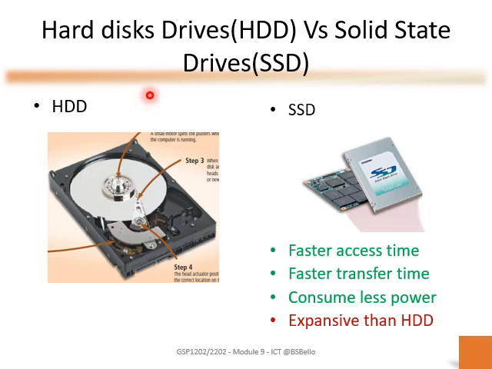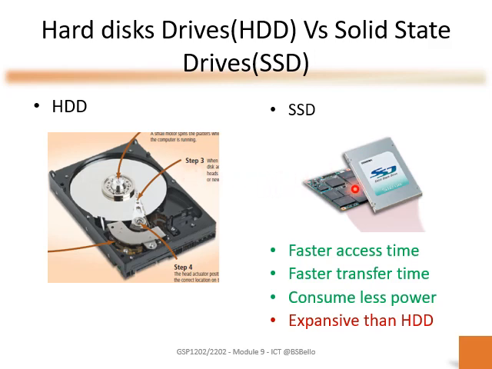Hard disk drive versus solid state drive. The hard disk drive contains a mechanical component. It's made up of electronic and mechanical components, while the solid state drive is made up of microchips. That's the difference in terms of their construction. In terms of function, the solid state drive has faster access time and faster transfer time than the hard disk drive.